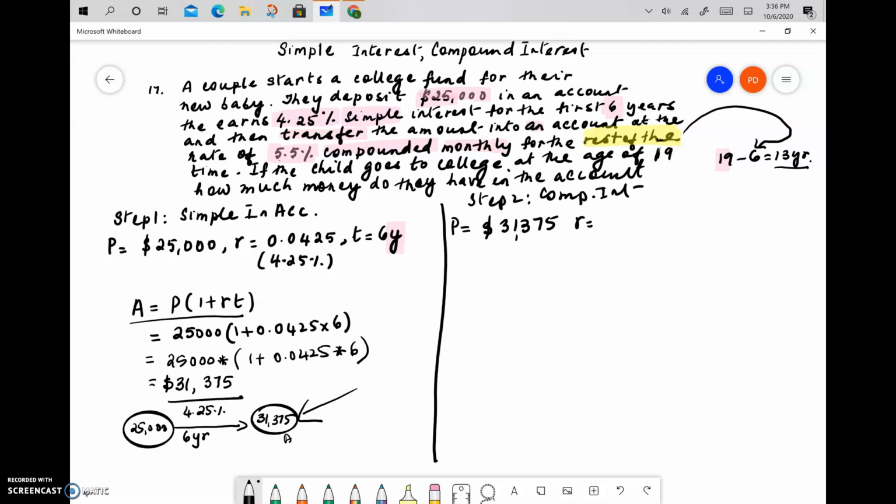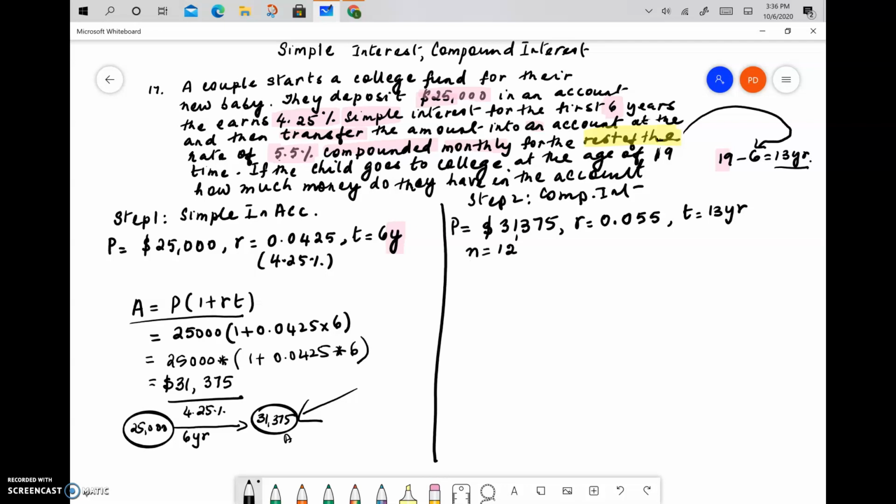The rate is converted to a decimal value, so that's 0.055. The amount of time that it stays in this account is T, which is 13 years. Remember that the interest is compounded. The rate of interest we already know. It is compounded monthly. So monthly, there are 12 months in the year.